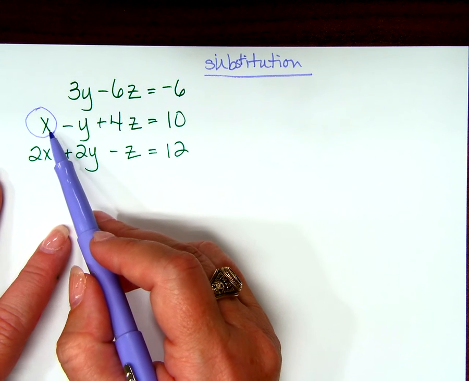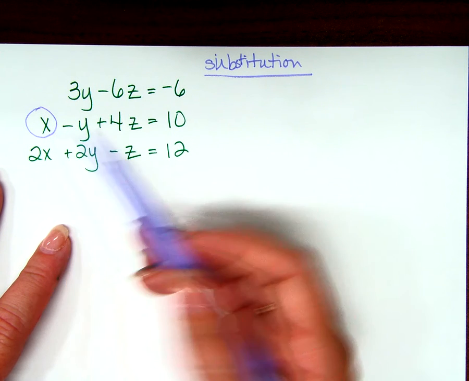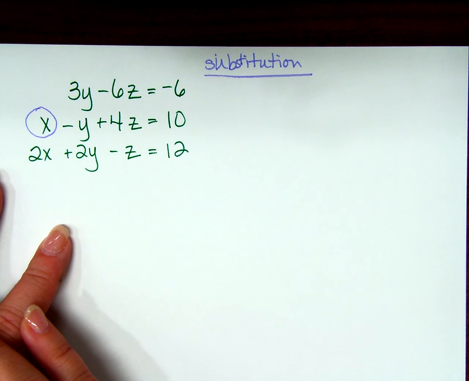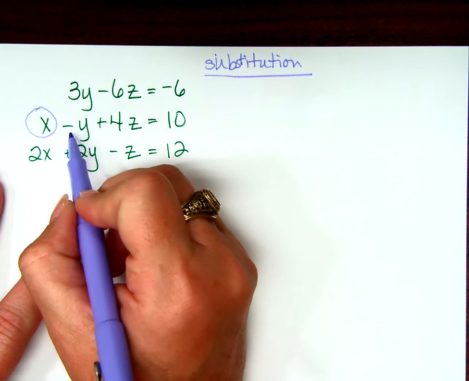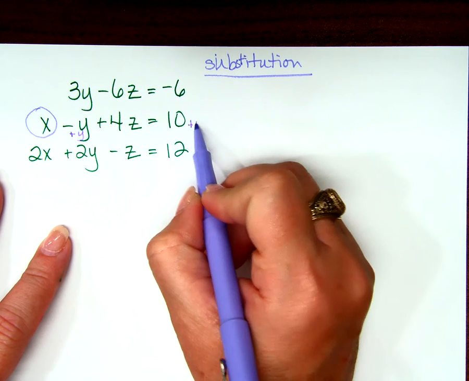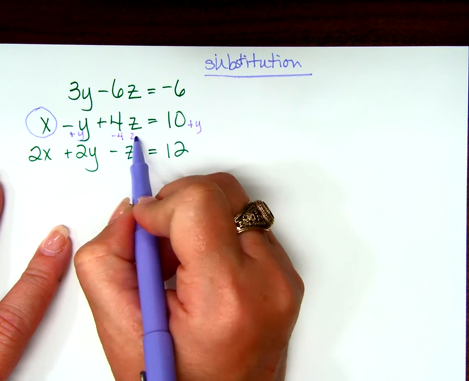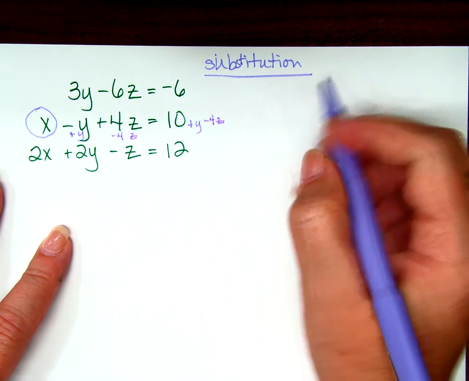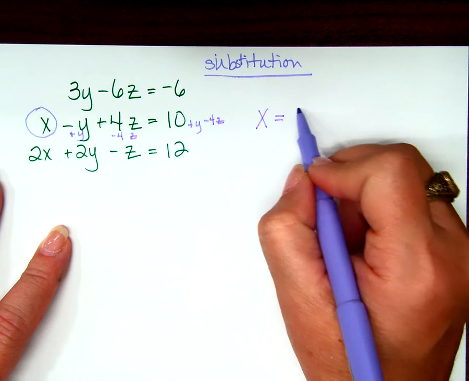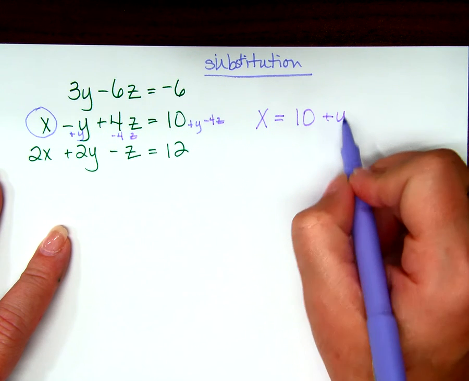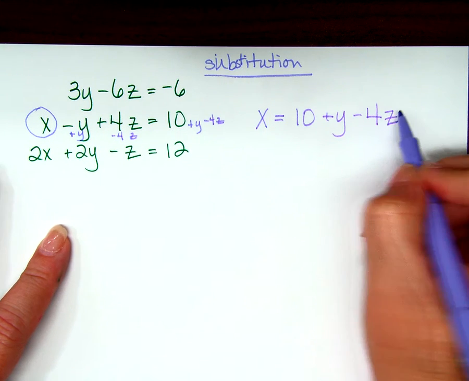So if we have this x, how do we isolate it? Yeah, move the y and move the 4z, right? So x equals 10 plus y minus 4z.